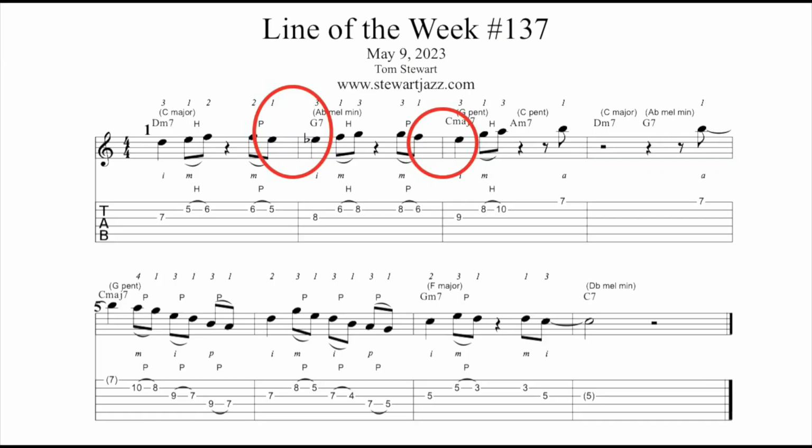In this line of the week, we resolve tension at the point of chord change in two places circled in red. Note E under the D minor 7 chord resolves to E flat under the G7 chord to get the altered sound under the G7 chord that I'm going for.